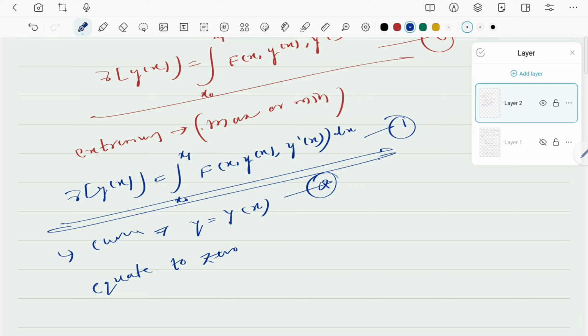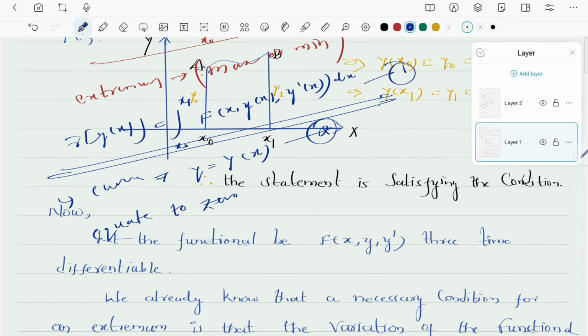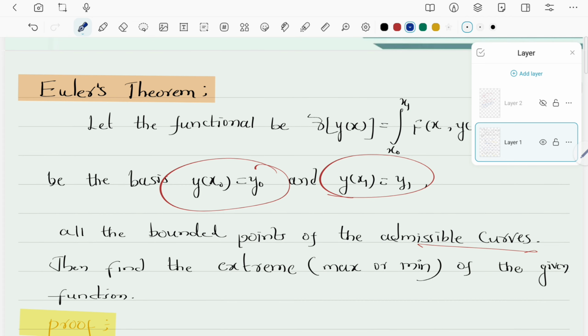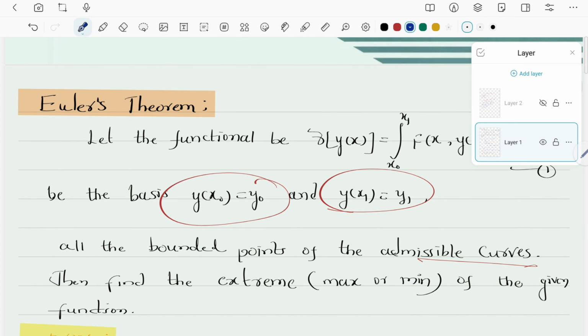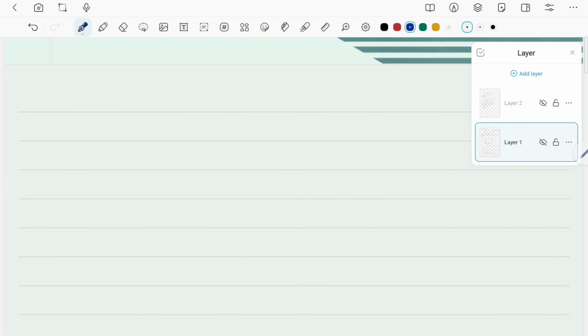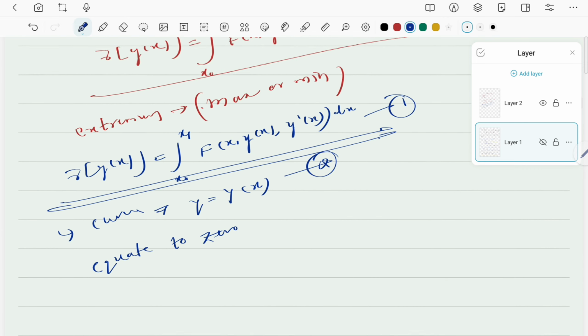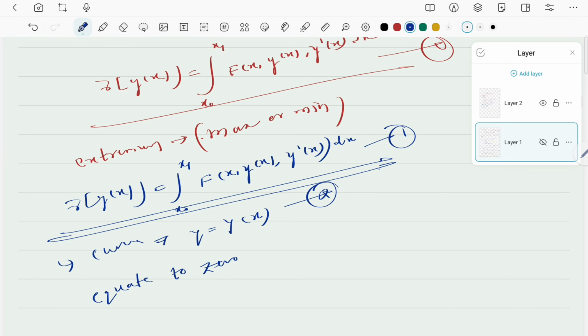In the statement of Euler's theorem, we know nothing. What we have to find is the extremum, which is maximum or minimum, of the given functional. So by using equation 1 we have to find the maximum or minimum.